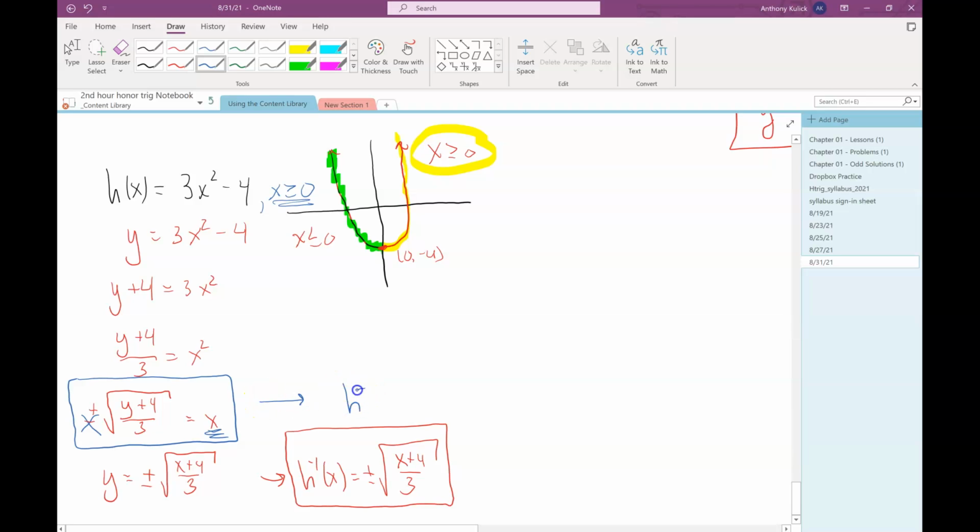Which then would imply that h of x is just this, which would be a function.